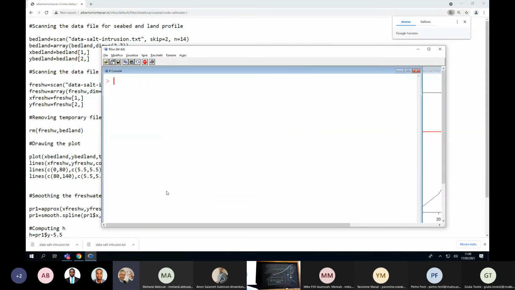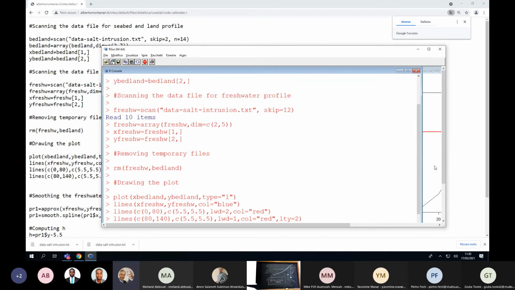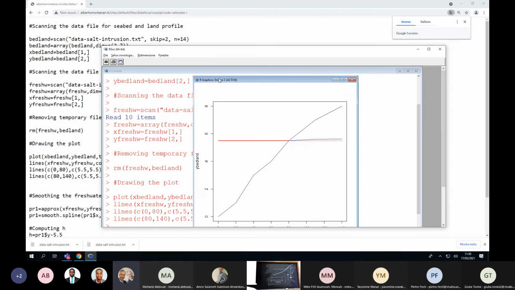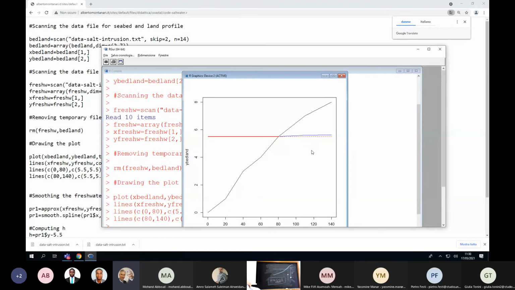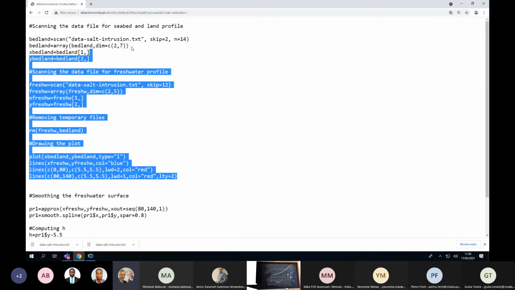Let me go to the console again. As I said, if you cut and paste the instructions up to this point, you get here the profile of freshwater, land, and the sea level. And what I did is, as I said, to cut and paste up to here.